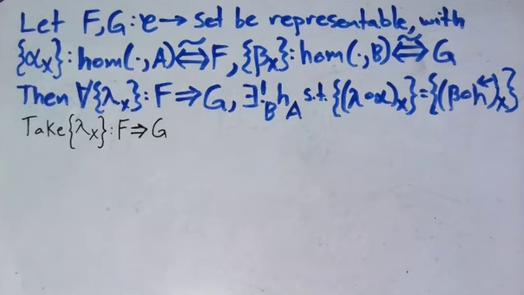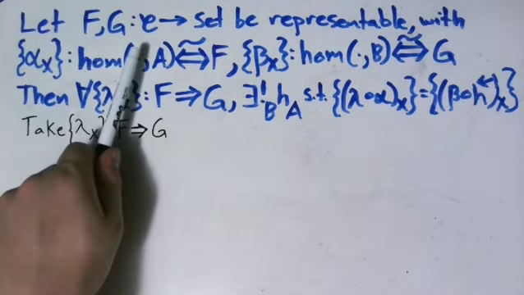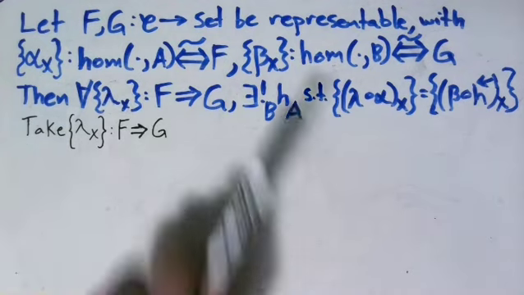The other result we're going to prove about representable functors is, suppose I have two representable functors f and g, both going from a category C into the category of sets, and suppose that the natural isomorphisms that make those functors representable are alpha and beta.